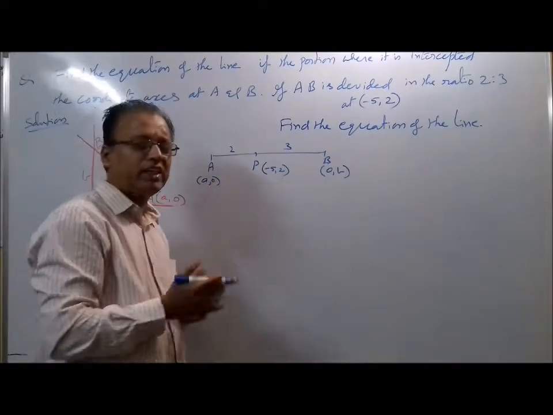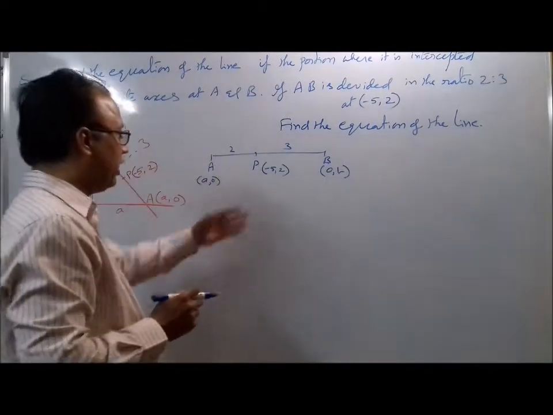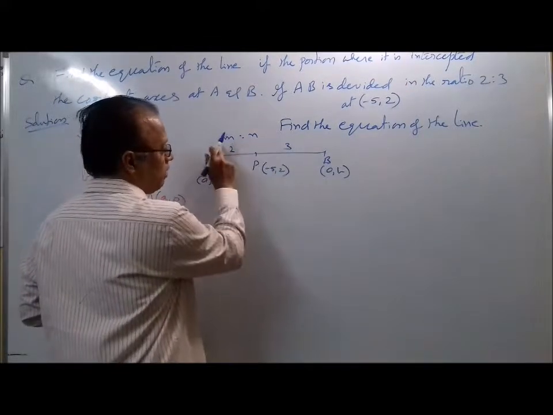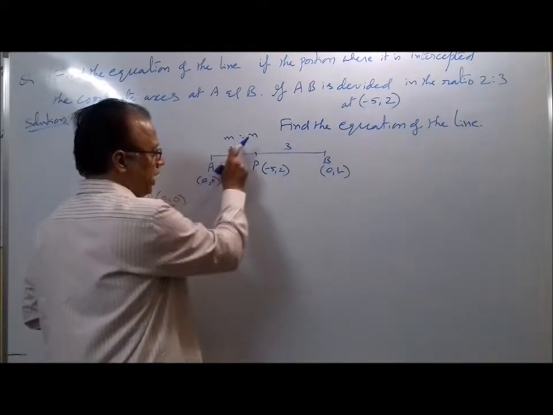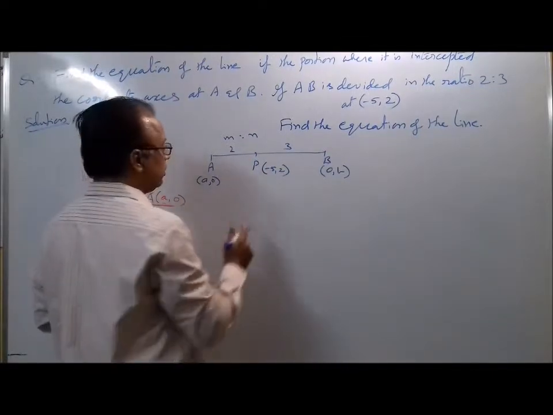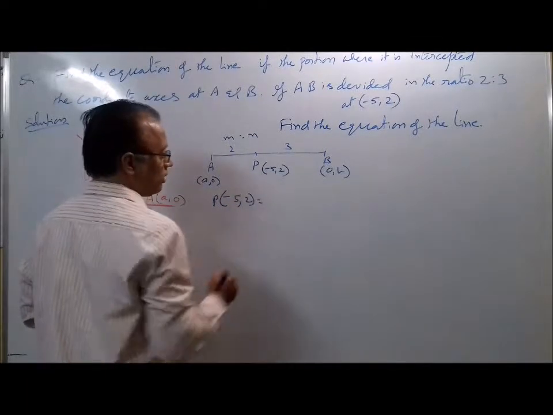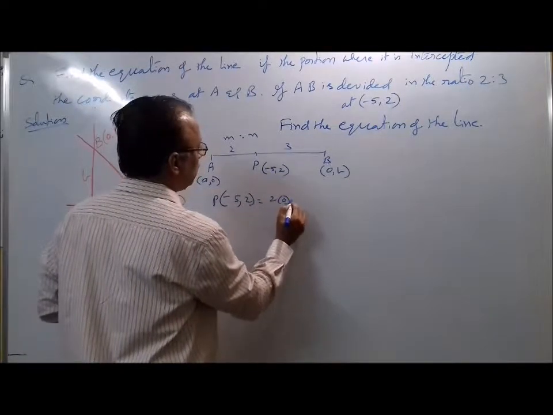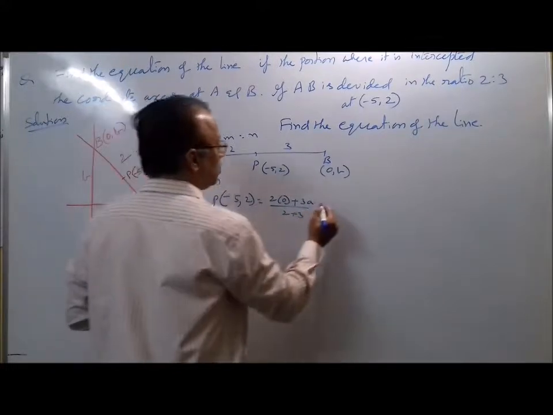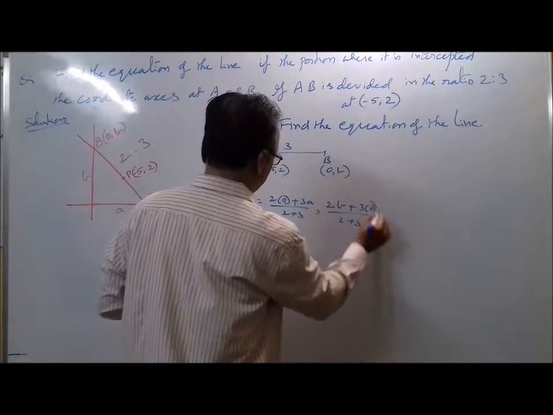Then we go to the intercept form of the line: x by a plus y by b is equal to 1. You know the section formula, m is to n means mx2 plus nx1 by m plus n. That is the x coordinate. So minus 5, 2 is equal to (2 into 0 plus 3a by 2 plus 3, 2b plus 3 into 0 by 2 plus 3).